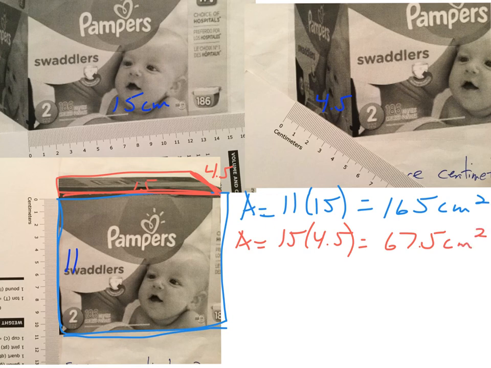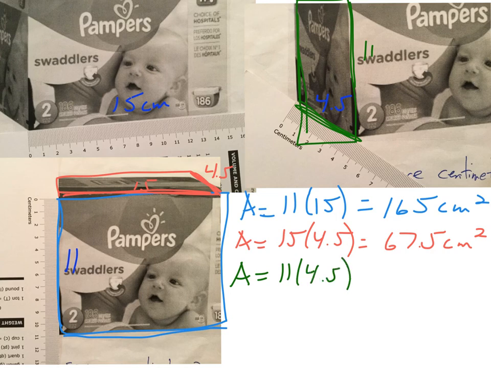Now, if you happen to choose the sides over here, that was obviously 4.5 by the height of that object, which was 11. So the other combo we haven't hit yet was 11 times 4.5. And that gets you a final answer of 49.5 square centimeters.